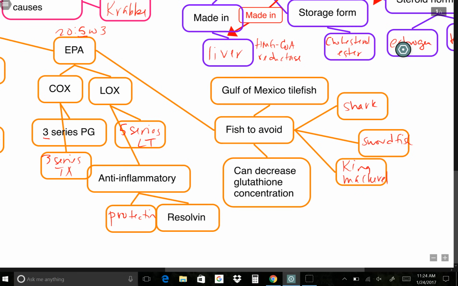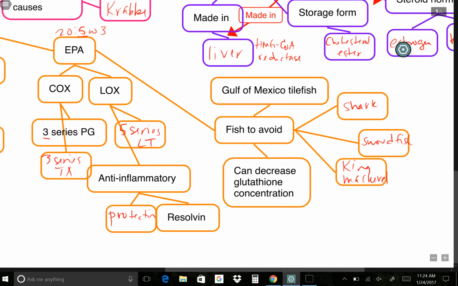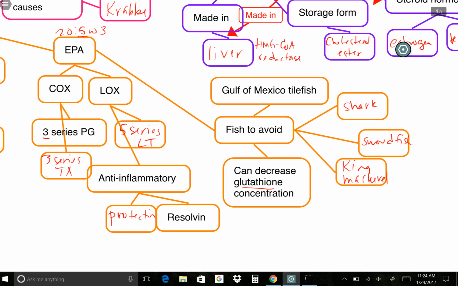These are all very large fish that accumulate more mercury, and it's been found that those that consume higher levels of mercury from these fish can actually have a decrease in glutathione concentration, which is an antioxidant. If this happens, you end up with a redox imbalance, so you have a lot more oxidation in the brain, causing some dysfunction.